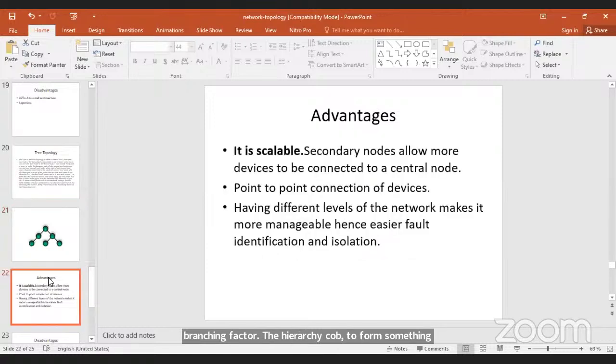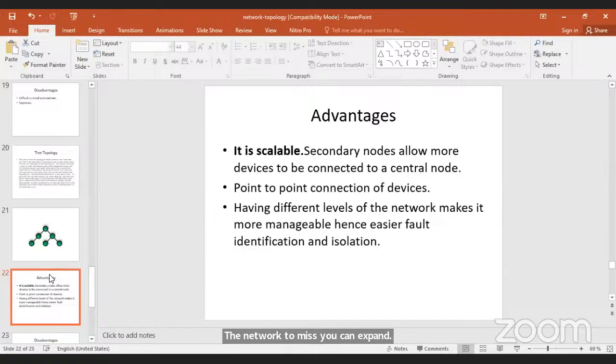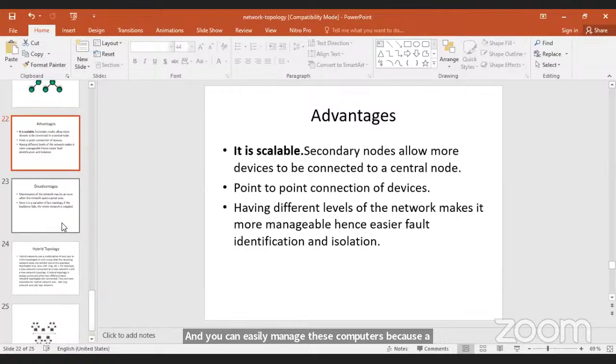Advantages of tree: you can scale, you can increase the network. It means you can expand. It also offers a point-to-point connection of devices, and you can easily manage these computers because a computer is connected to a supercomputer higher above it.